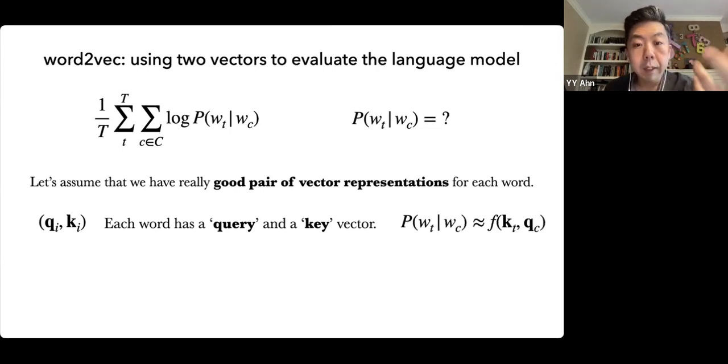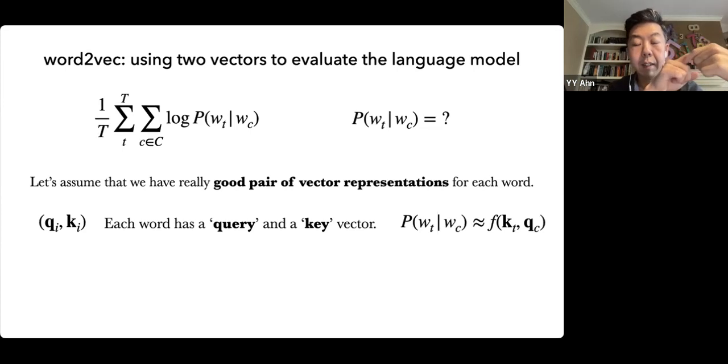And you can think of it as a kind of database. You have a context word, and the context word has a query vector. Then you send that query vector to the database, and try to find a target word whose key vector matches my query vector.